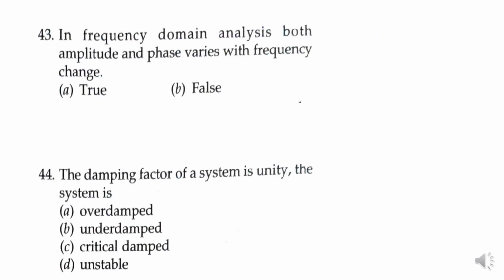Next, in frequency domain analysis, both amplitude and phase vary with frequency change. Option A is the correct answer. Next, if the damping factor of a system is unity, the system is critically damped. Option C is the correct answer.